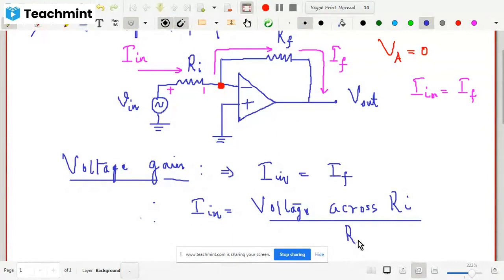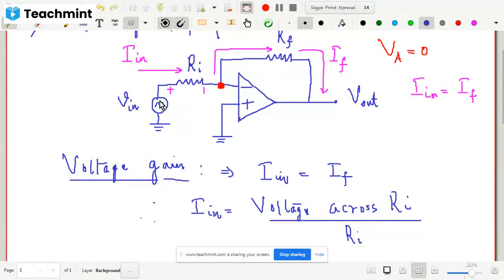Now you can tell me what the voltage across Ri is. The voltage across Ri is this voltage, the input voltage V in, minus this potential, the red one here. That red one is VA. So the difference between these potentials is nothing but the voltage drop across Ri, is it not?